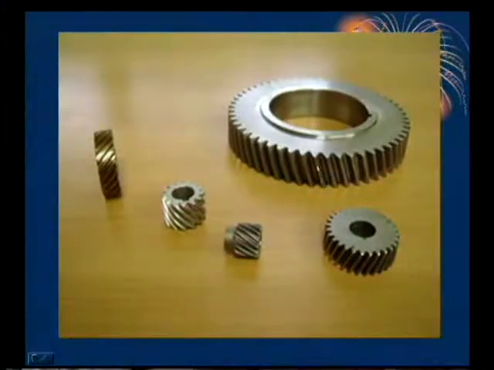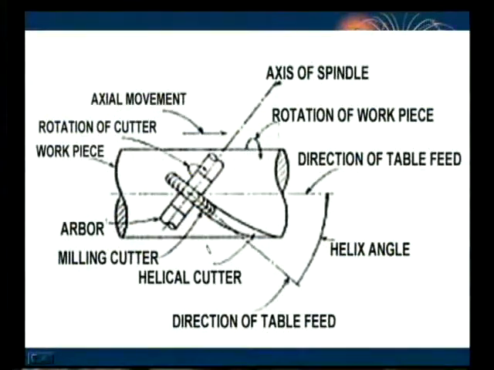This is a part of a helix. This is another helical gear. These are the helical gears. Now this sketch is illustrating the basic principle of helical milling. This is the job on which the helical gears are to be produced, and this is the arbor of the machine on which the cutter is placed. So this is the normal direction of the arbor, and this is the normal direction of the table.